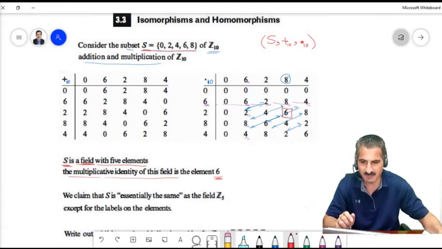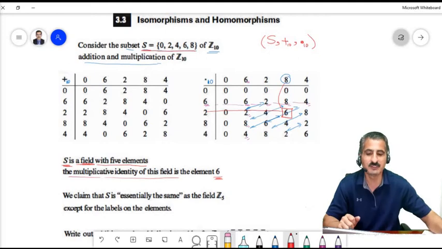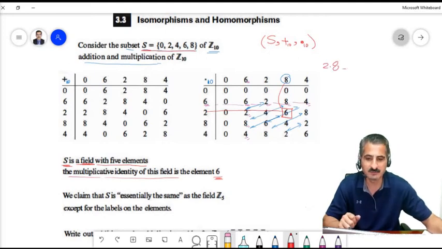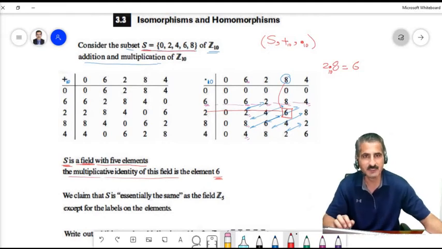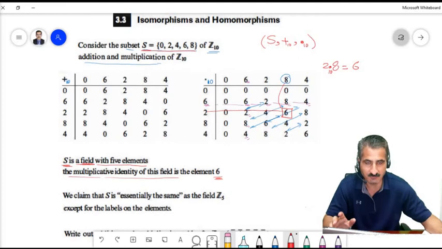So in this case, 8 times 2 we get 6. Remember, we work inside Z10, but we don't work with the whole Z10. We took S. We work inside S, but we are using the addition and multiplication of Z10, modulo 10.